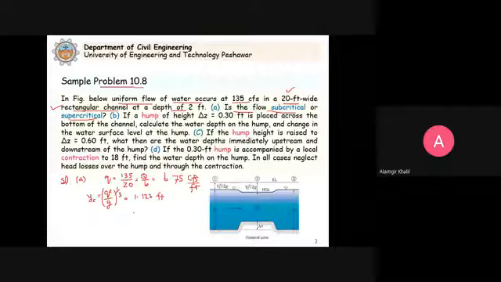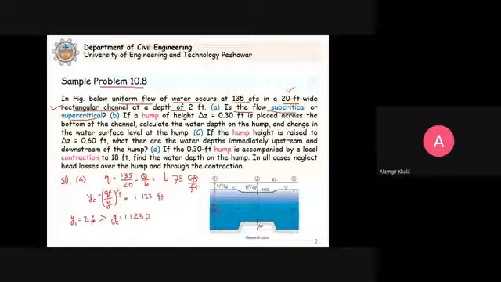Now the given depth, what is the given depth? Here this is y1, because we talk about the channel. So in the channel the depth is 2 feet. It means that this depth y1, which is equal to 2 feet, is greater than yc. What is yc? 1.123.